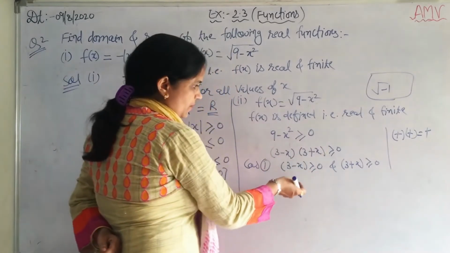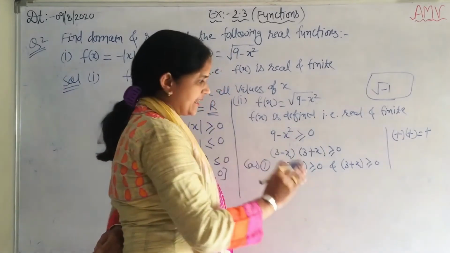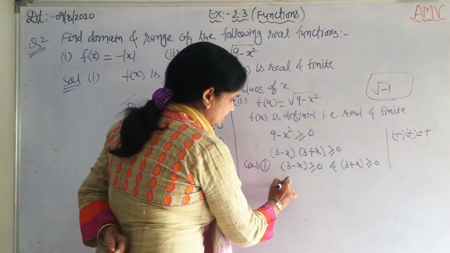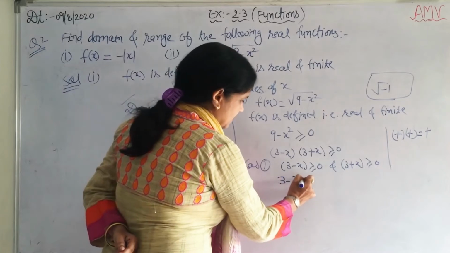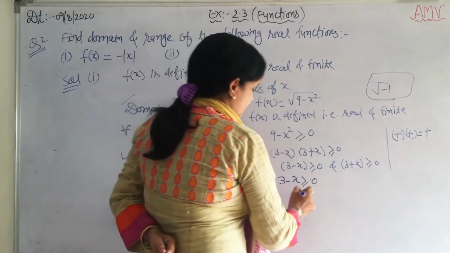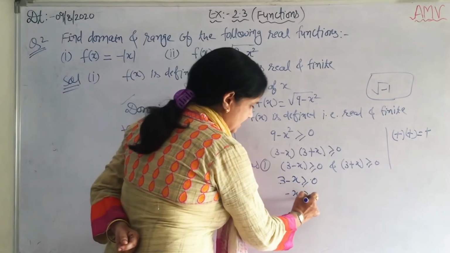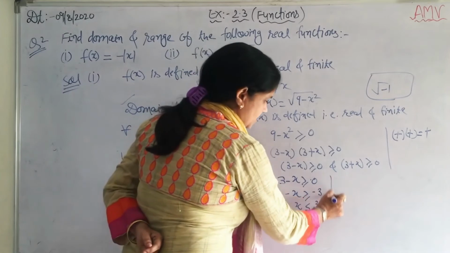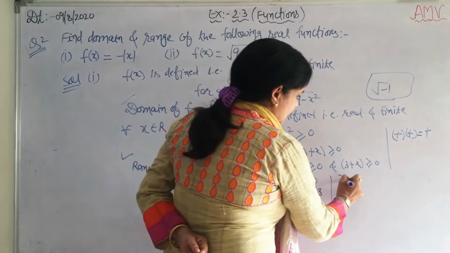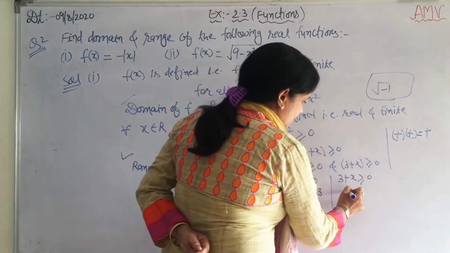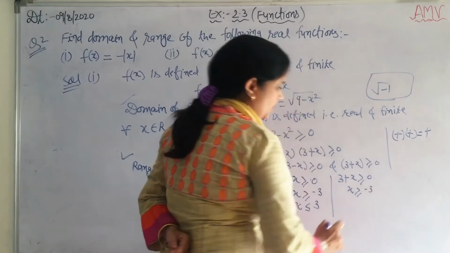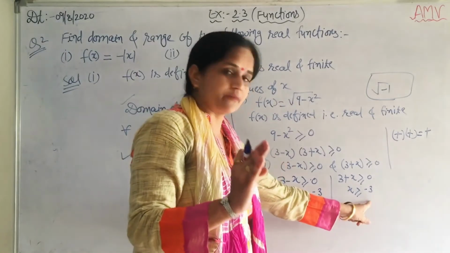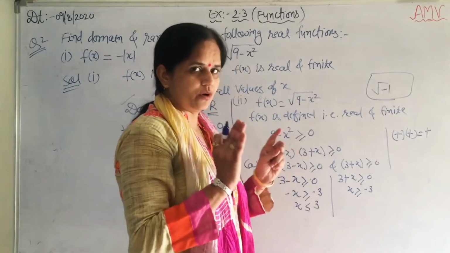Okay, so first from this case we find the value of x, and then we will discuss the second case. From here 3 minus x greater than or equal to 0 gives us minus x greater than or equal to minus 3 and x less than or equal to 3. From here 3 plus x greater than or equal to 0, so x is greater than or equal to minus 3. It means the value of x is greater than or equal to minus 3 and less than or equal to 3.